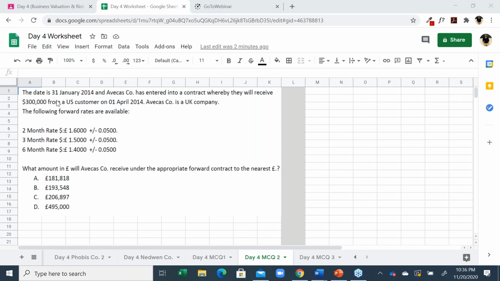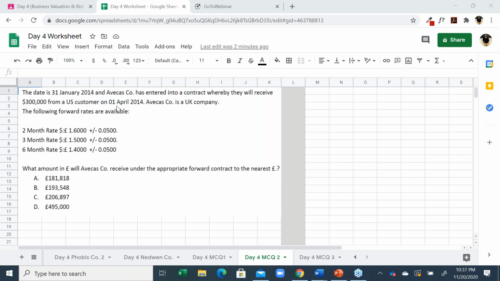Okay. The date is 31st January 2014, and the company entered into a contract. They will receive 300,000 US dollars from a US customer on 1st April 2014. So it's February and March, 2 months, right? It's 31st January and they're going to receive on 1st April.